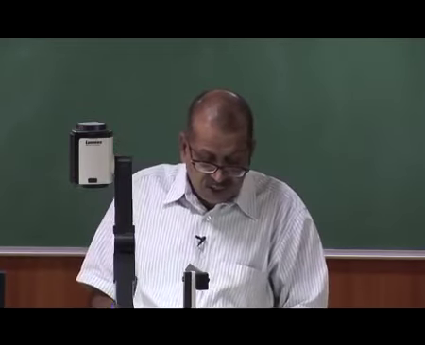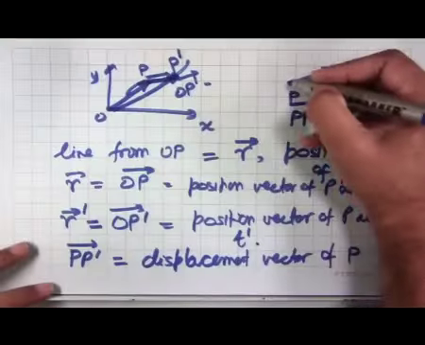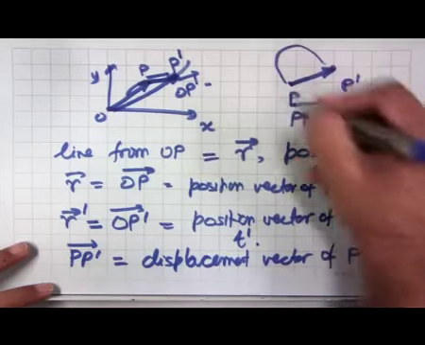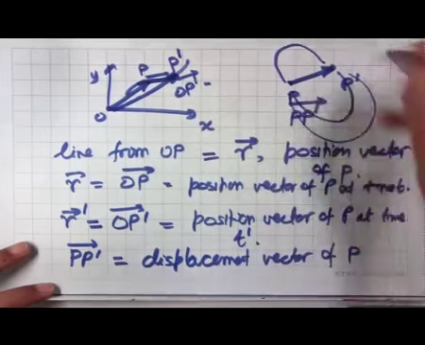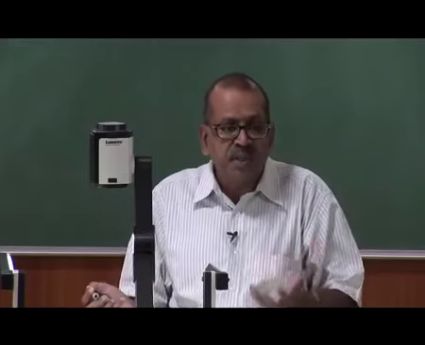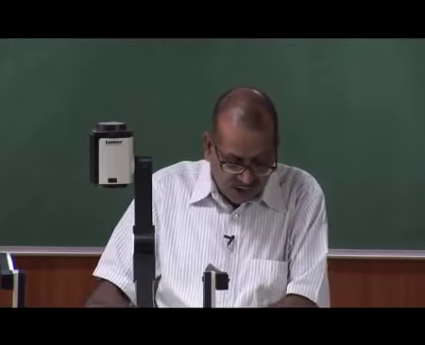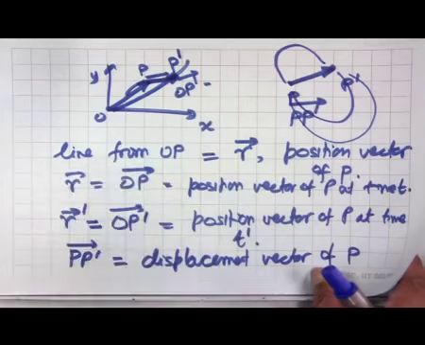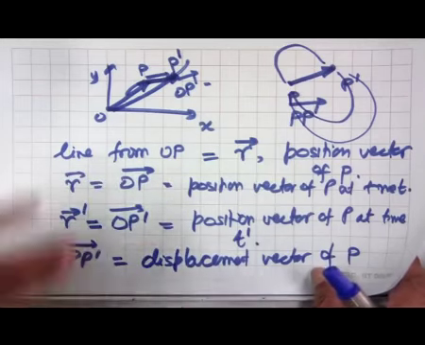And as we can see, even if the particle is travelling on any path from P to P prime, this path or this path, the displacement vector from P to P prime will always be the same, independent of the path. And it is clear from here that the magnitude of the displacement vector will be less than or equal to the length of the path.